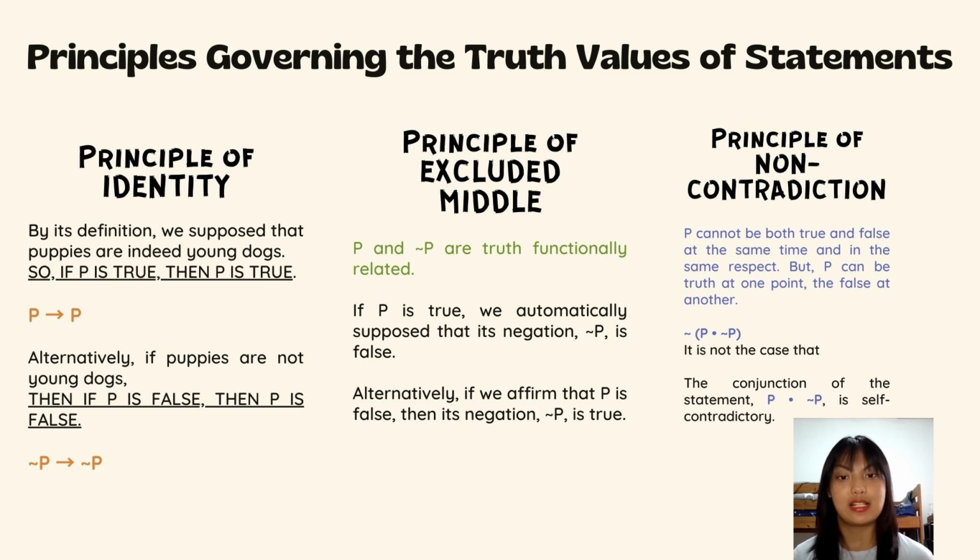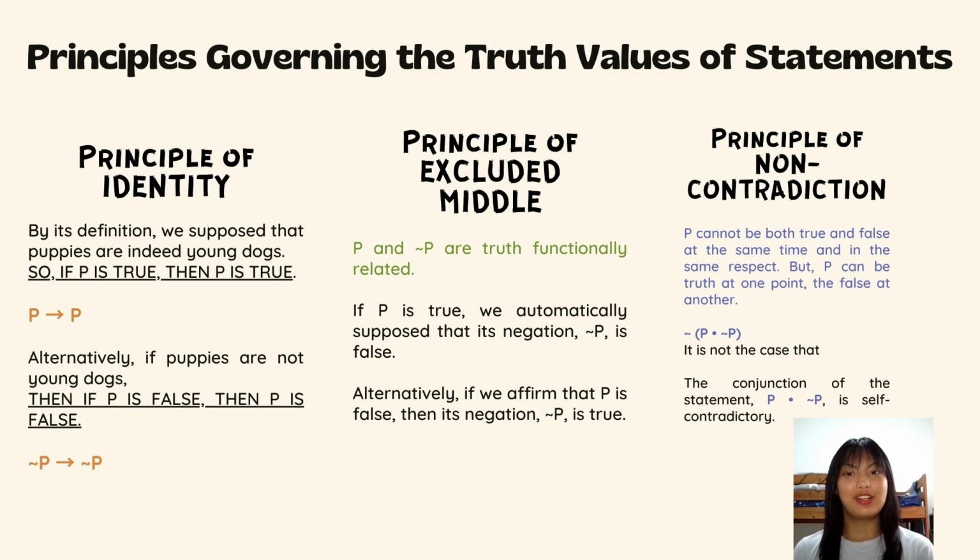Following the principle of excluded middle, and suppose that P is indeed true, then we automatically suppose that its negation, not P, is false. There is a technical name for this relationship. It's called truth functional relation, which basically means that P and not P are truth functionally related. Alternatively, we can consider the reverse. If the affirmative P is false, then its negation, not P, is true.